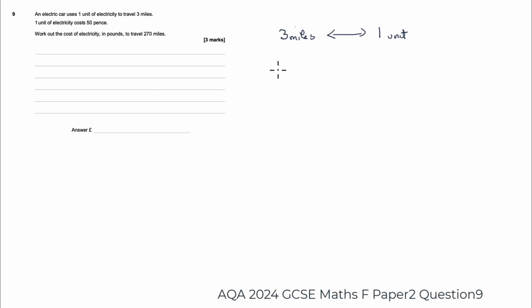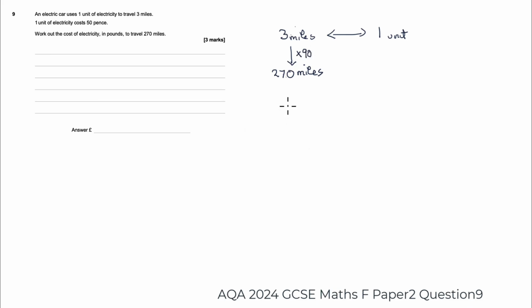Now there's 2 ways of setting this out. You could figure out that to get from 3 miles to 270 miles, we'd have to multiply by, well, how many 3's go into 270? You'd use that on your calculator. 270 divided by 3, you'd find it was 90.